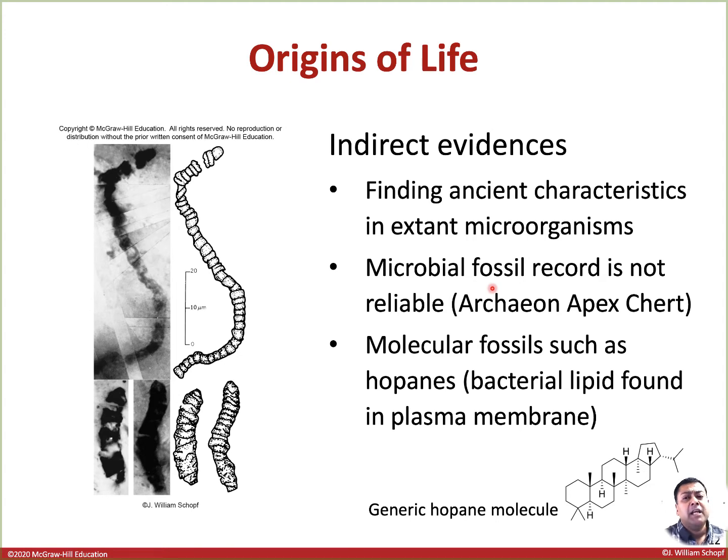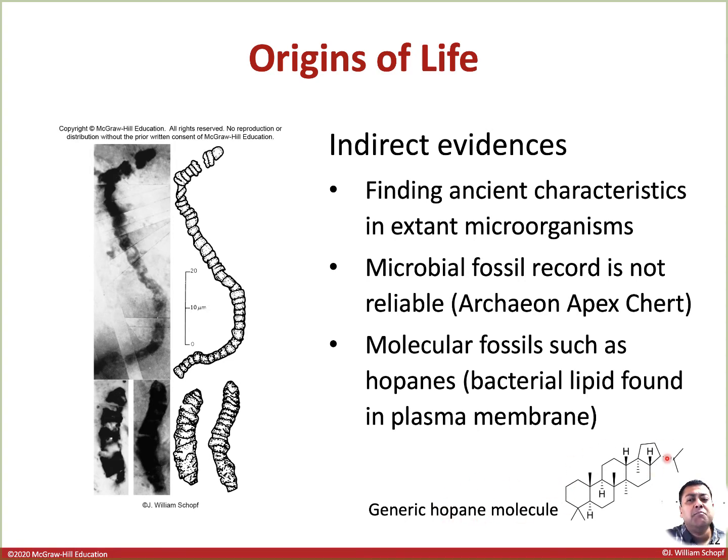On the other hand, there is a very reliable way to look into it. We look at some of the molecular fossils. For example, a classic example is hopanes. Hopanes are a group of bacterial lipids, and this is a typical structure. You can see that these are interconnected cyclic compounds, and this is a hopane molecule.